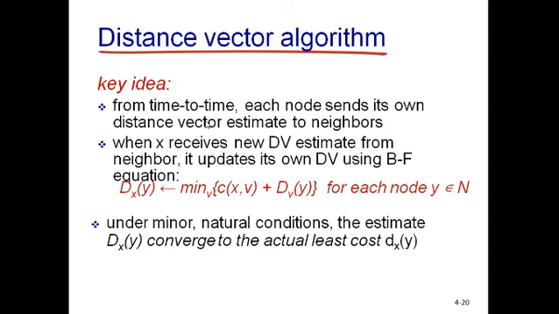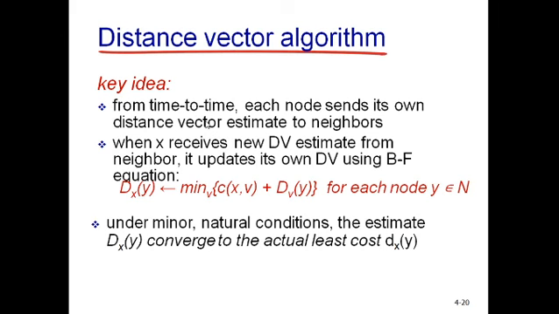The key idea behind this distance vector algorithm is that from time to time each node sends its own distance vector estimate to neighbors. When x receives a new dv estimate from a neighbor, it updates its own dv using the Bellman-Ford equation, which we have discussed in the last couple of slides.